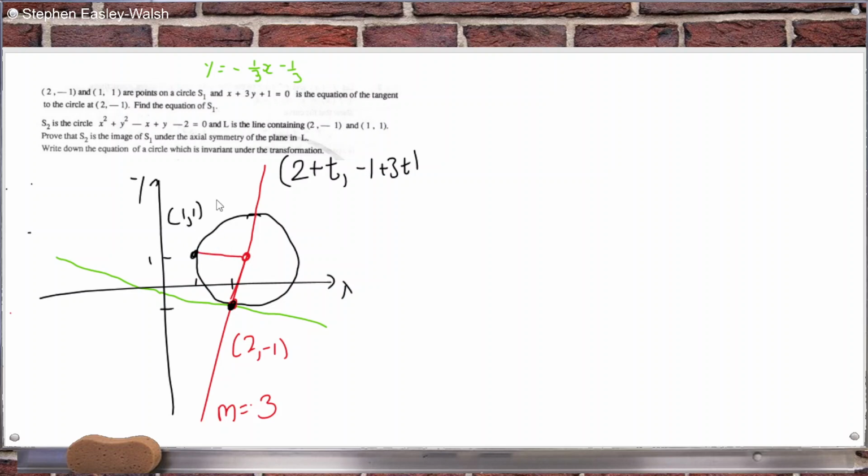So we need the distance from there to there to be the same as the distance from there to that point. Okay, so that will be (1 + t) squared, this minus this, plus (-2 + 3t) squared.